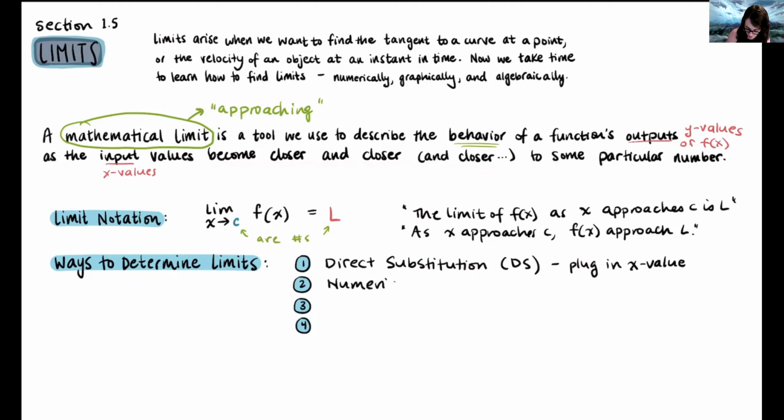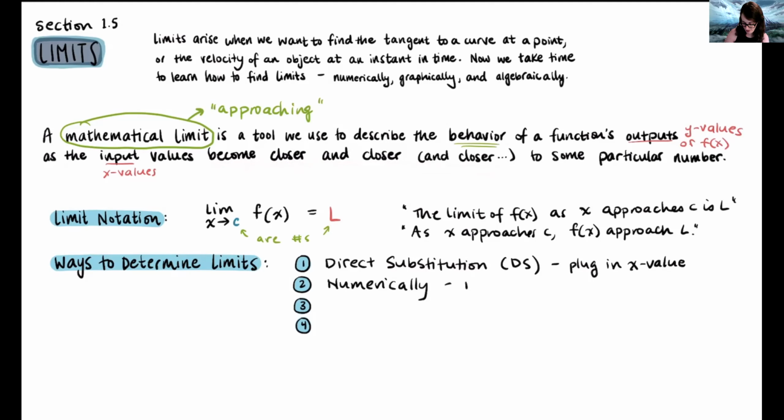The second way would be a numerical approach, or determining the limit numerically. This consists of really just plugging and chugging in your calculator, plugging in some numbers that are really close to the x value that we're approaching, and then making a chart and seeing if the y values are approaching something.